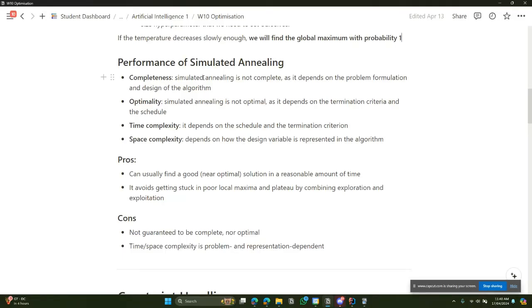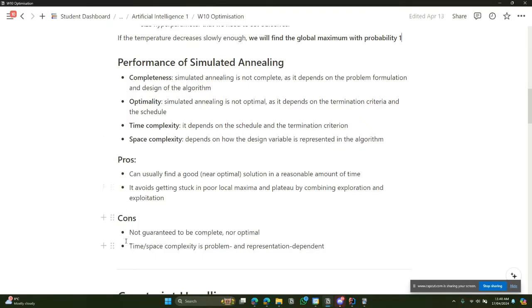That means that even if, let's say out of the 200 solutions that we've generated, 100 of them get stuck in a local optima or a poor plateau, we still have another 100 solutions, all generating neighbors, that aren't stuck in a plateau. And that's why it's so good at finding the global optimum.